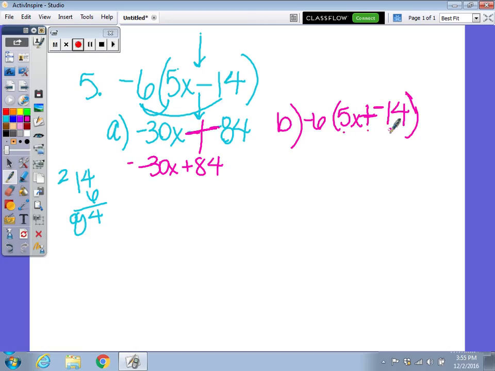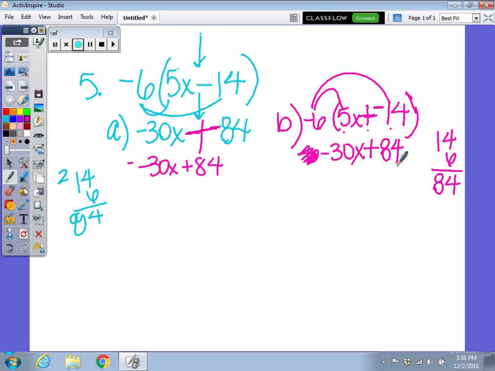So I have negative 6 times 5, which is negative 30. And that x comes with it. And then I keep the addition sign. Negative 6 times a negative 14. I go over here and do my work. We know it's an 84. A negative times a negative is a positive. So we're already there. Okay, so you can opt for either of those.